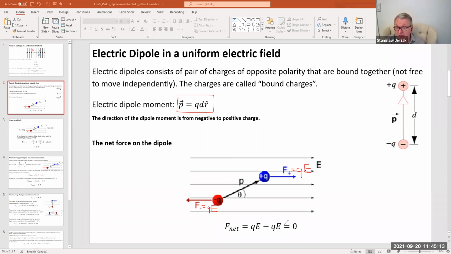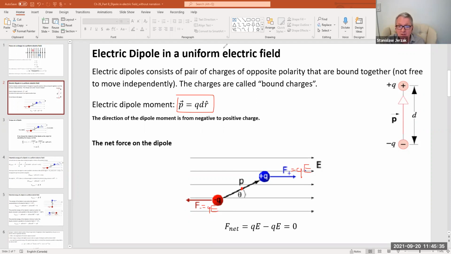But although the net force is 0, the dipole will be rotated because these two forces, as you see, will try to rotate the dipole to make it parallel to the electric field. So the dipole will rotate about its center, and there will be a torque acting on the dipole.